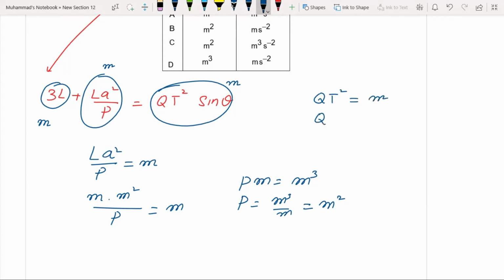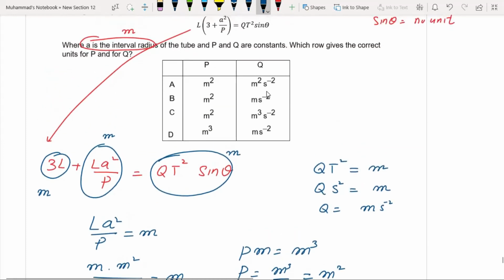So Q T square is second square, so that is meter. So if I make this Q subject, that will be meter per second square. This will go there, and in the denominator it will be second square, and will go up. That will make it meter per second square. So Q is meter per second square, and P is meter square. So B is right option for this question.